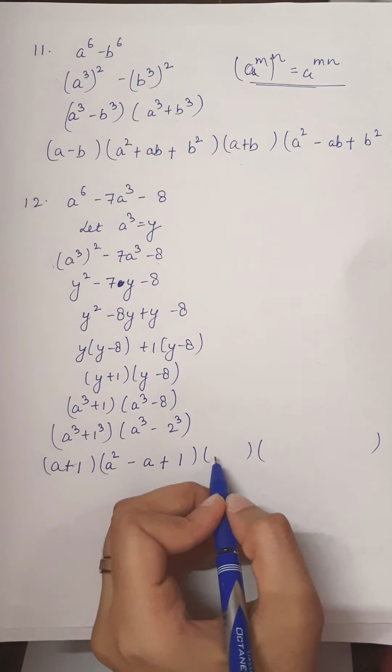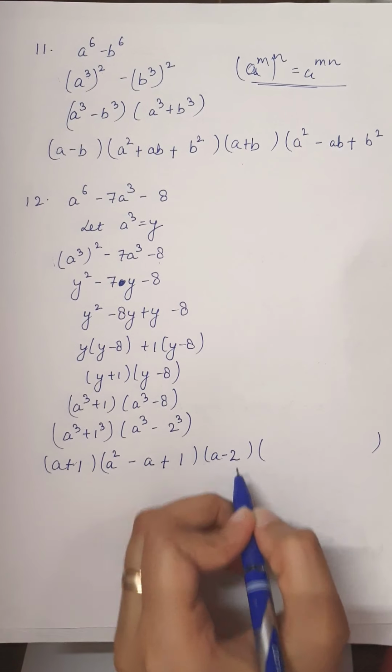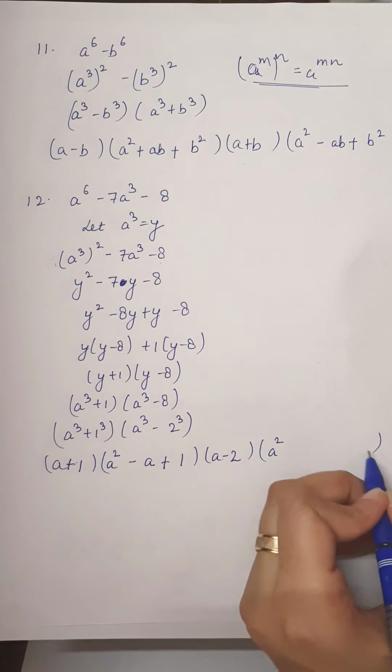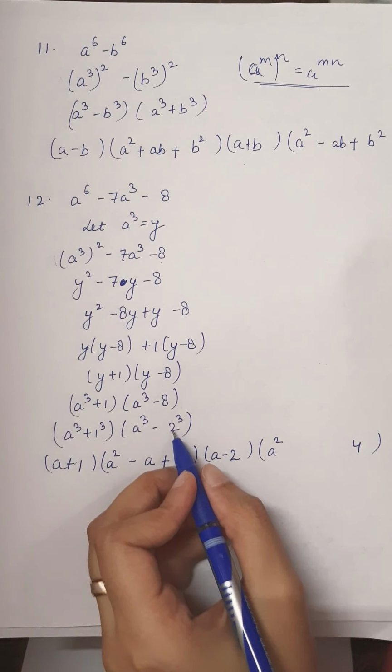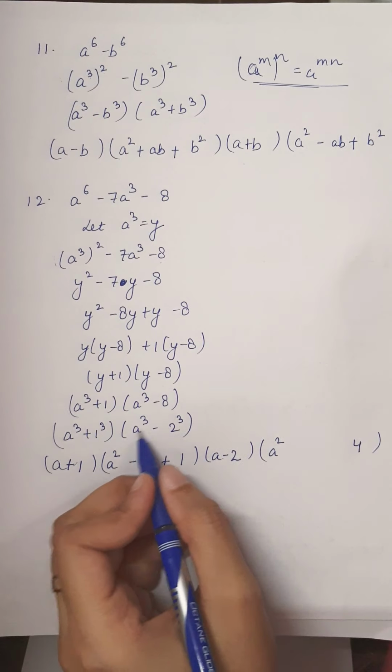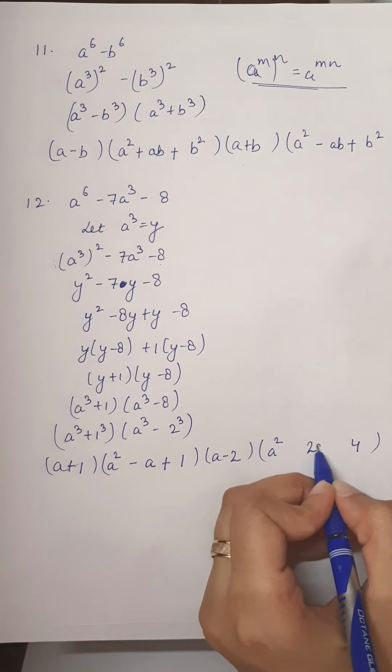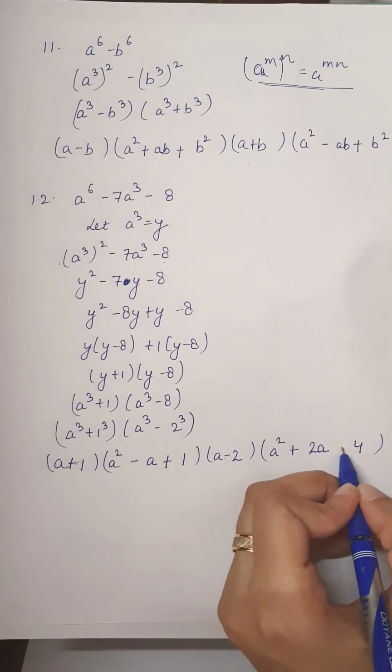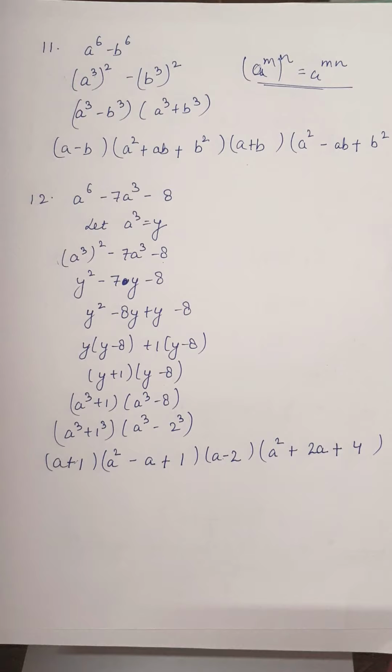Now here a minus 2, a square, 4, that is square of 2, and in between product of first bracket and second bracket with all signs positive. Easy.